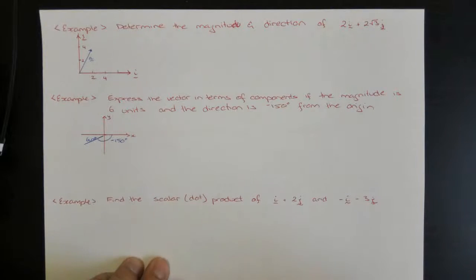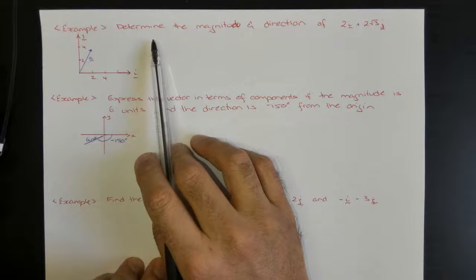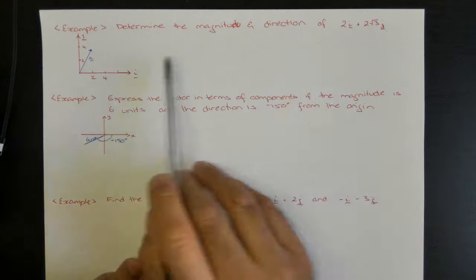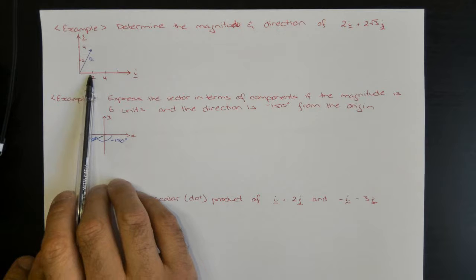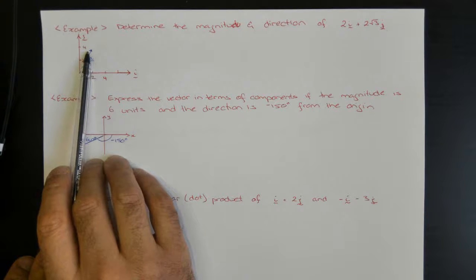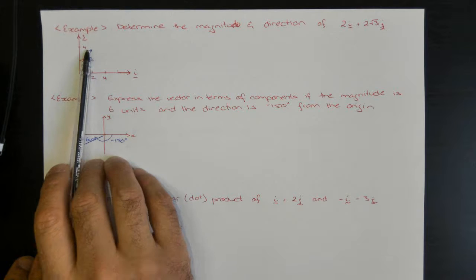Let's do some questions. We want to determine the magnitude and direction of a vector 2i plus 2 root 3j. So it goes 2 units in the i direction and up 2 root 3 in the j direction.